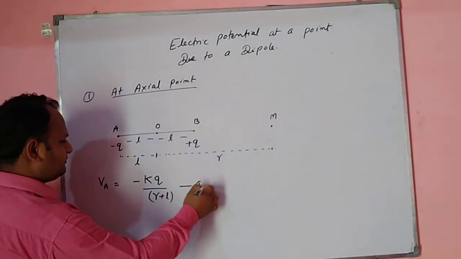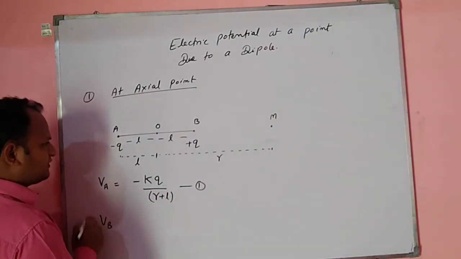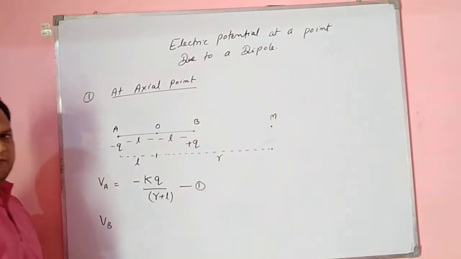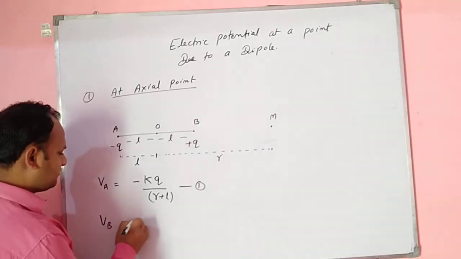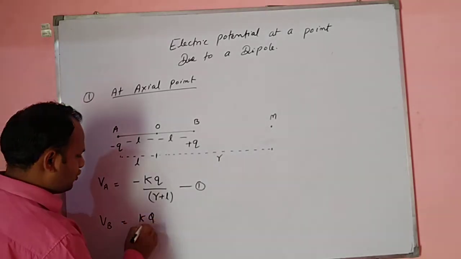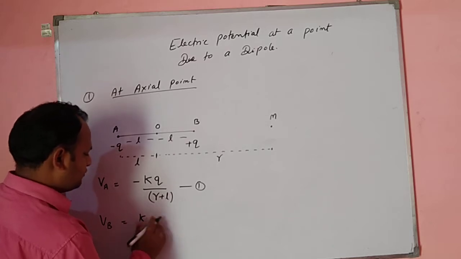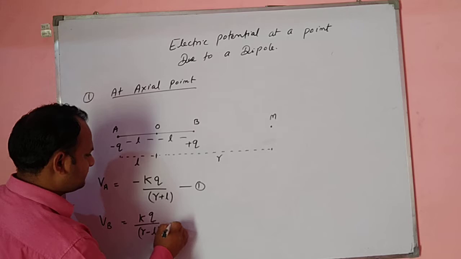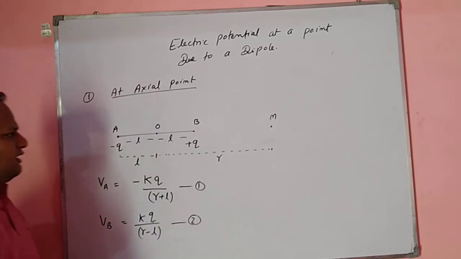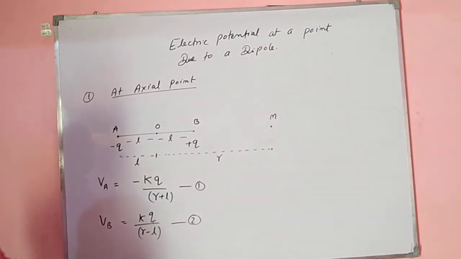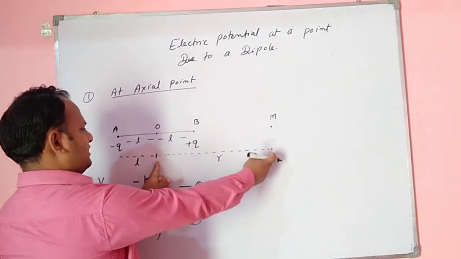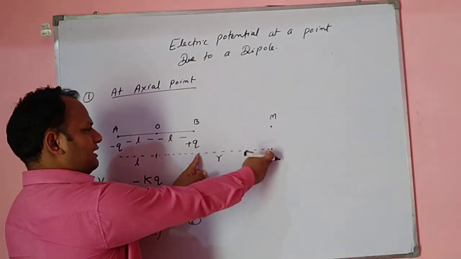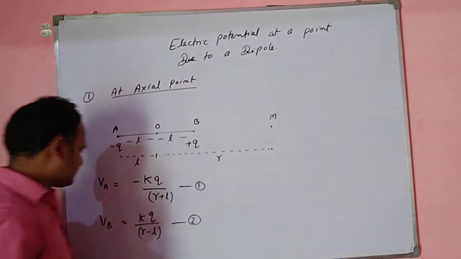Similarly, potential because of the charge at point B is going to be Kq, let me write it small q, by (r minus l). And you all know why it is r minus l, because it is r and this is r minus l, so this is the distance actually.